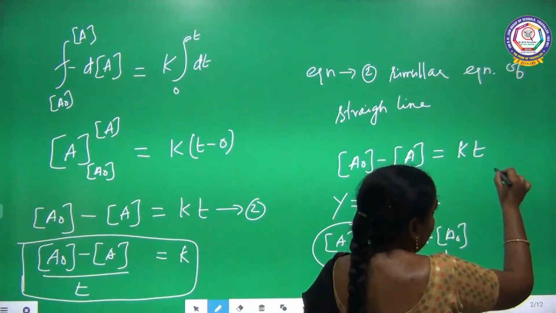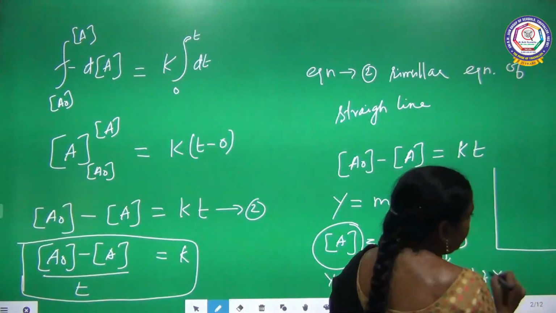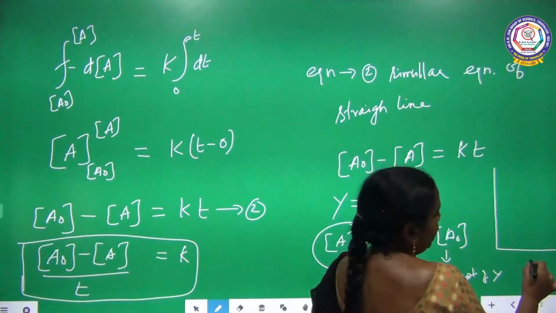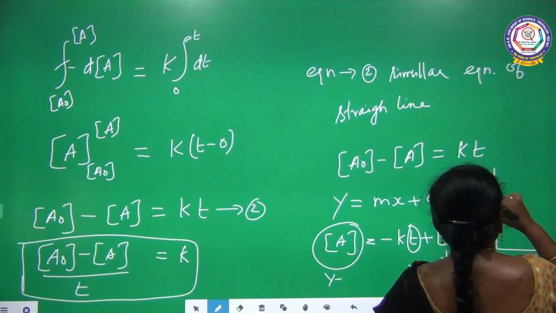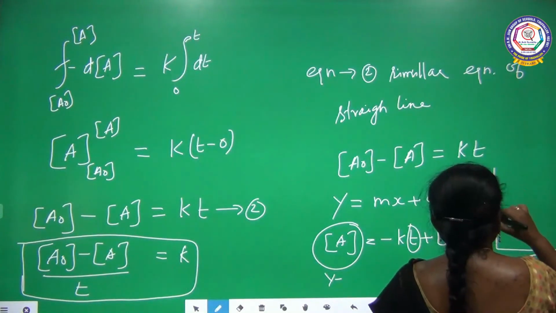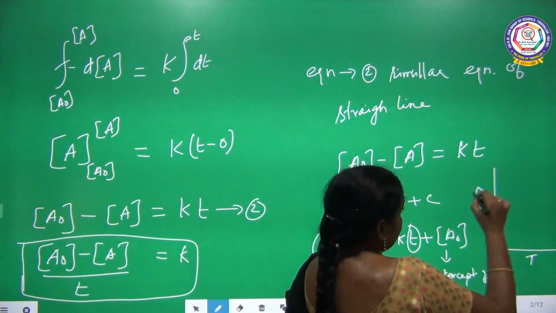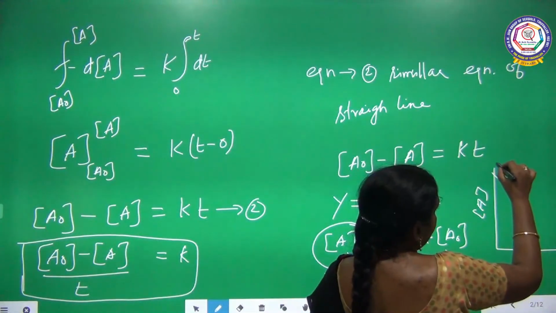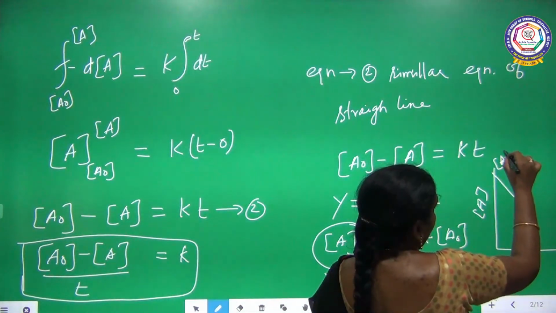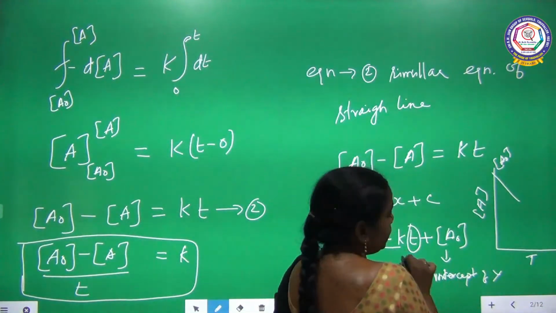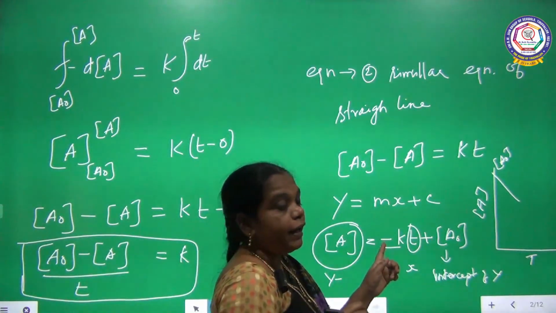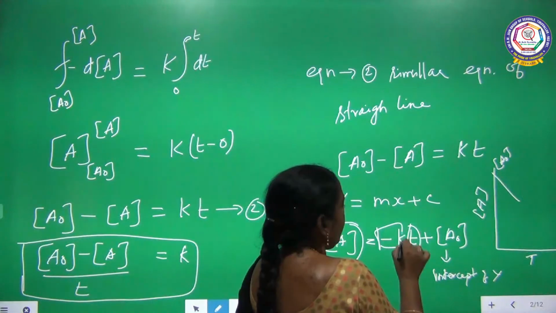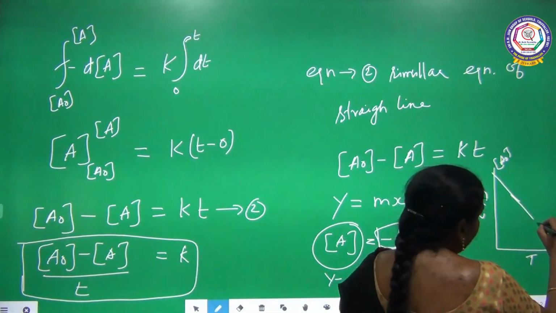So now you have to draw the graph between time and the concentration of A, and the A naught is the intercept of y, and negative k is the slope. The k is given in the form of a negative value, so that the slope becomes a negative slope.